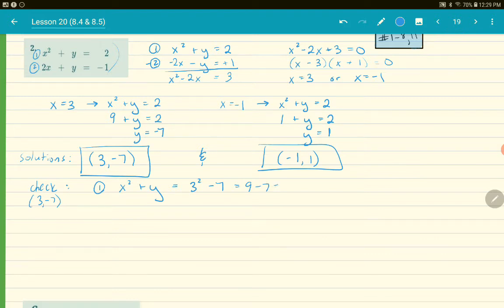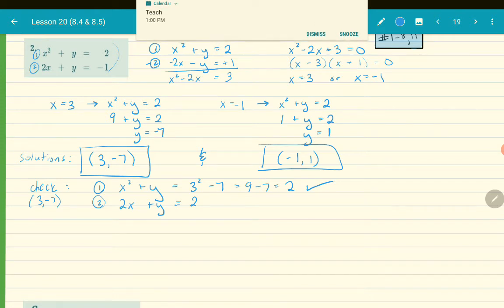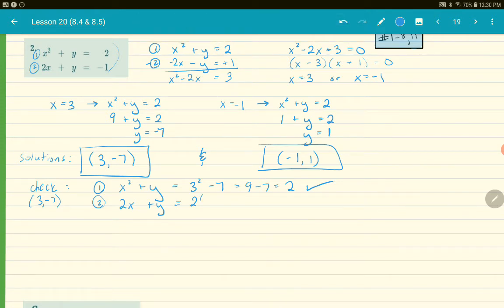That's 9 minus 7, which is 2. Check. And my second equation was 2x plus y equals -1. Whoops, sorry, we don't know if it equals -1 yet. We want it to. So the 2x, x is 3, and y is -7. So I get 6 minus 7, which equals -1. So those equations check. And that solution is good, check.